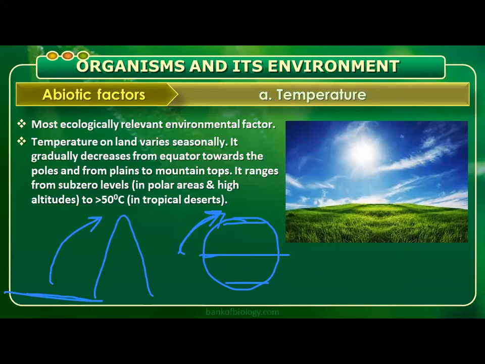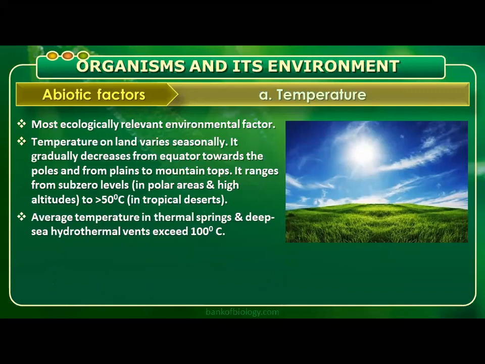So it ranges from sub-zero levels, that means minus degrees centigrade, in polar areas and high altitudes. And in tropical deserts, 50 degrees centigrade, even more than 50, can be expected.